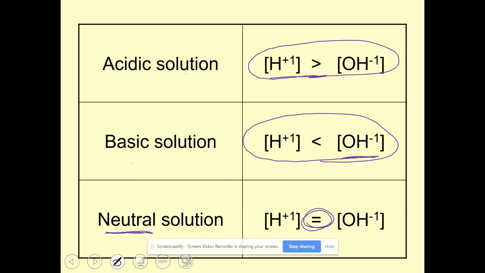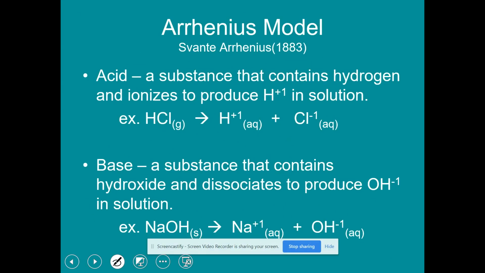All water-based solutions have the potential ability to become an acid, a base, or be neutral. It is very simply the ratio of hydrogen to hydroxide in that water-based solution that determines if it acts like an acid, a base, or if it's neutral. It's all about the relative ratio of those ions.